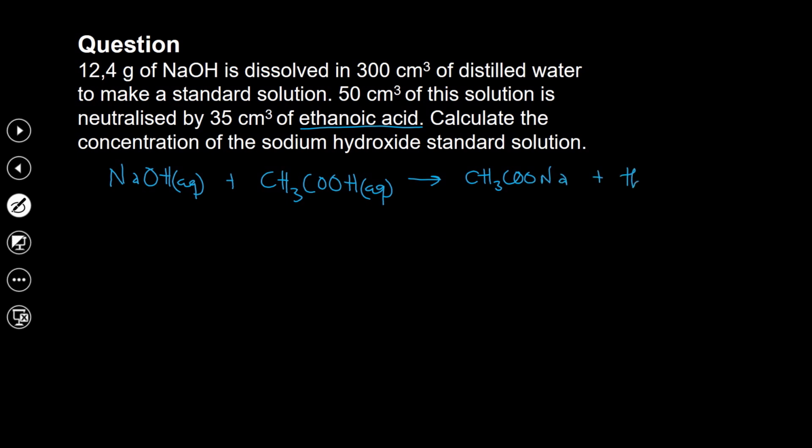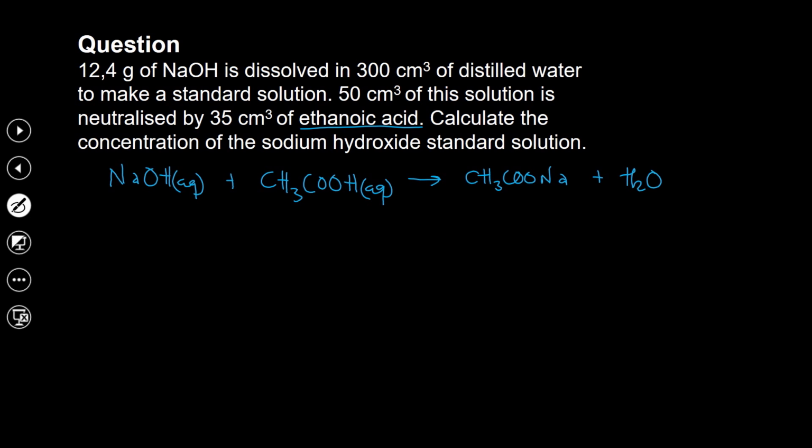That's our equation of reaction. So the ratio in which they react with each other is also very important. We need to realize that for every mole of base, there is 1 mole of the ethanoic acid. So the ratio is actually 1:1.